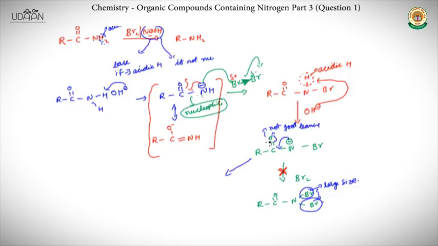So this bond again comes back, leading to the departure of this R group, and this R group attacks this nitrogen, leading to the departure of this bromine group. So you are going to get O double bond C double bond N R, which is alkyl isocyanate.